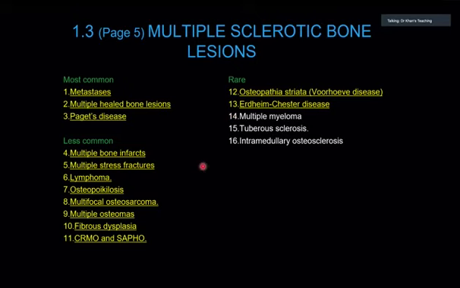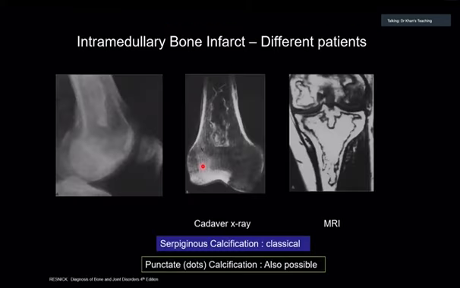But look at this picture once again from a textbook, where you can see this geographic pattern of intramedullary calcification. Then you can see a cadaveric X-ray, same configuration, and of course similar on MR.